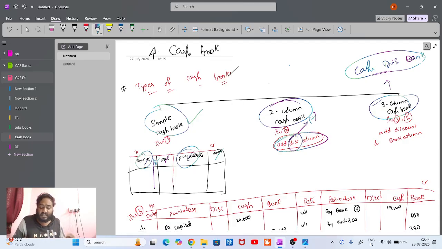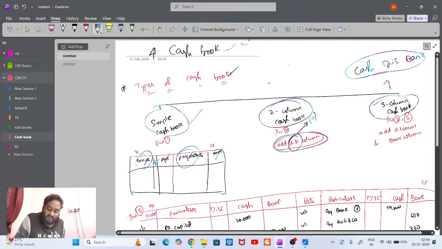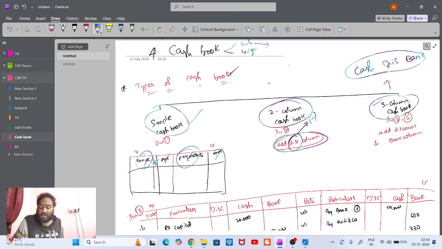Basically, cash book is both a subsidiary book and a ledger. Why is it a subsidiary book? Because in the cash book we enter day-to-day transactions. Why is it a ledger? Because the cash book is the basis.